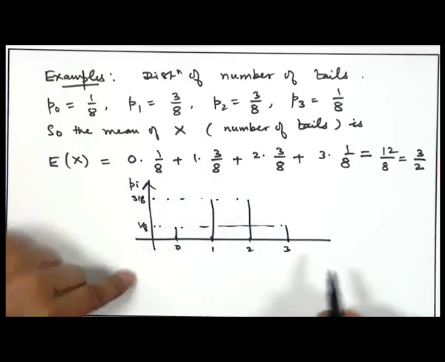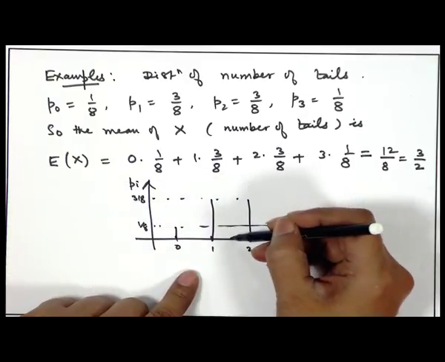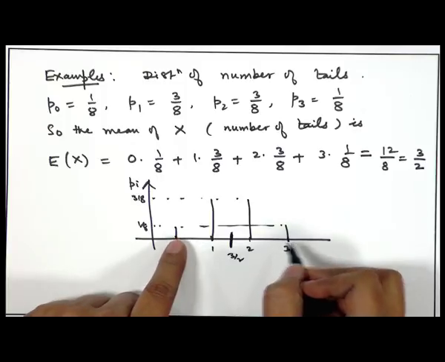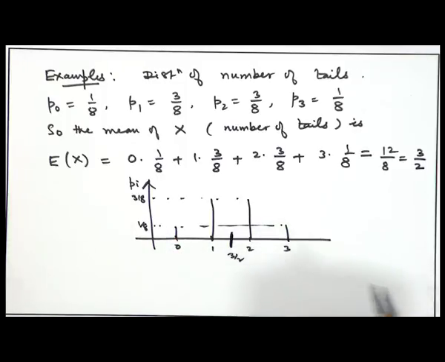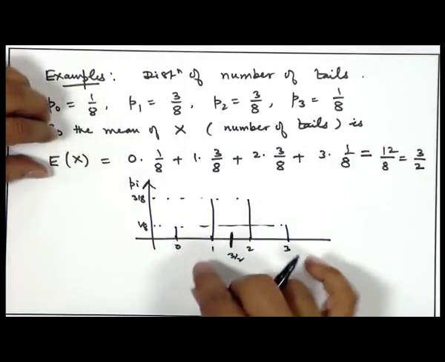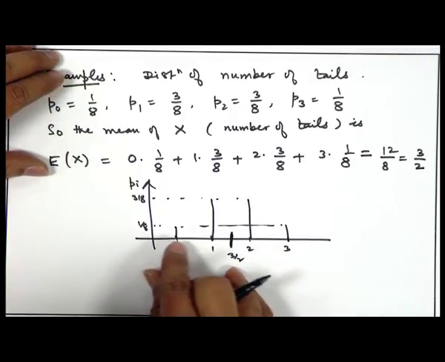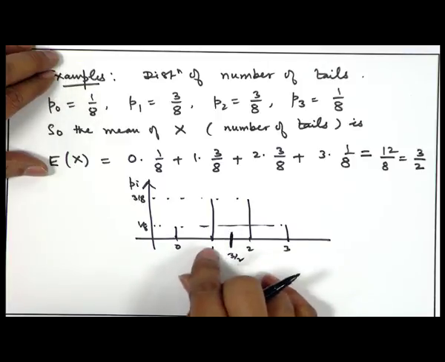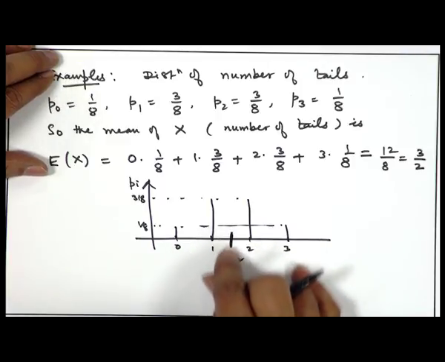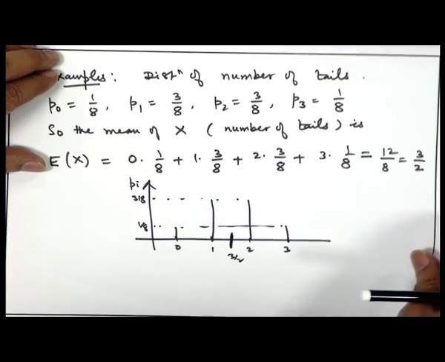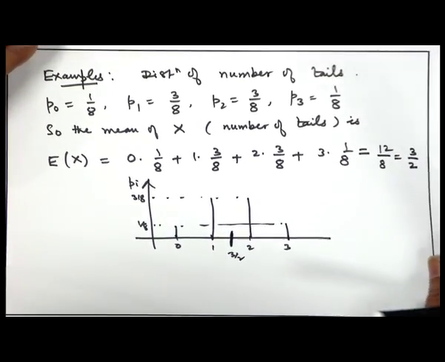Okay. So, you can see here that the value that I am getting as the mean is 3 by 2, that is coming here, that is something like a mid value, and that is happening because it is a distribution which is symmetric. That means, from both the ends I am giving equal probability to 0 and 3 and equal probability to 1 and 2. So, that is why the mean value is turning out to be in the middle. Let us look at the other example of the number of defective bulbs.